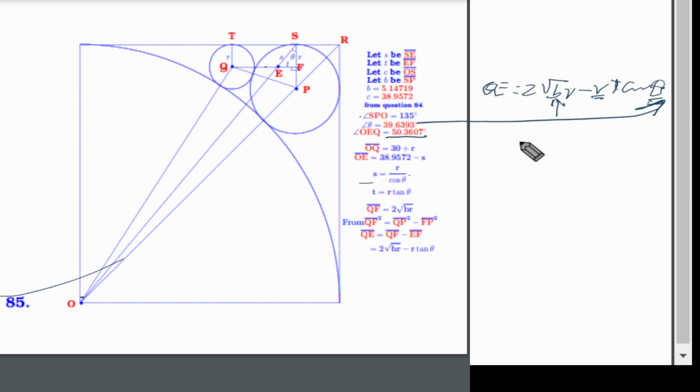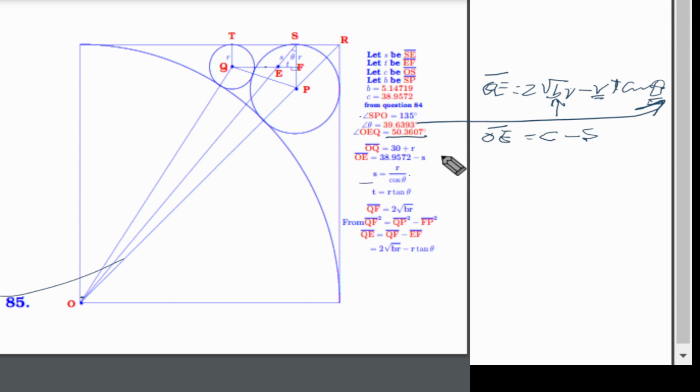QE is that one, and then OE is the same as C minus S.